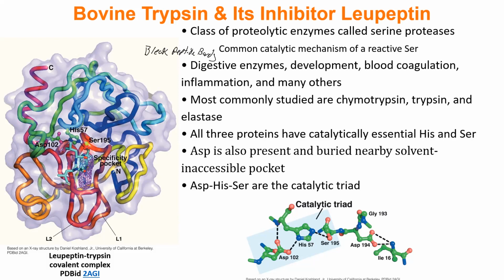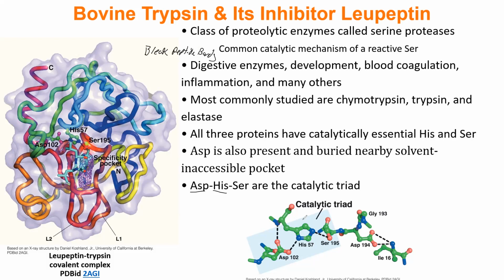However, there are also 2 other amino acids that are very important for this, Asp and His. So here we have our 3 amino acids, serine, His, and Asp. And together, they are called the catalytic triad. Just about all serine proteases have this catalytic triad mechanism.